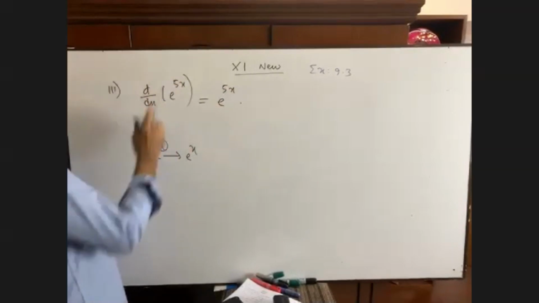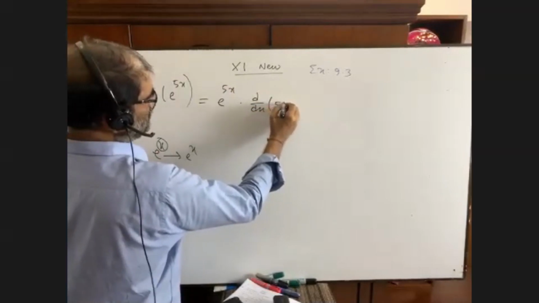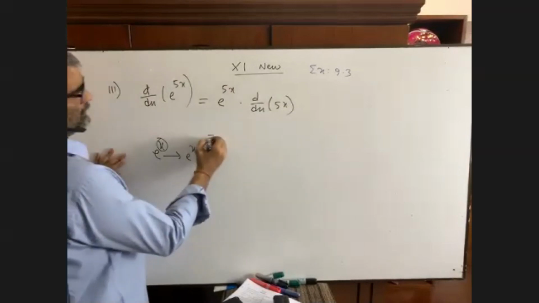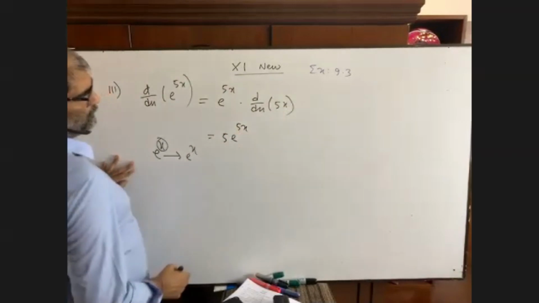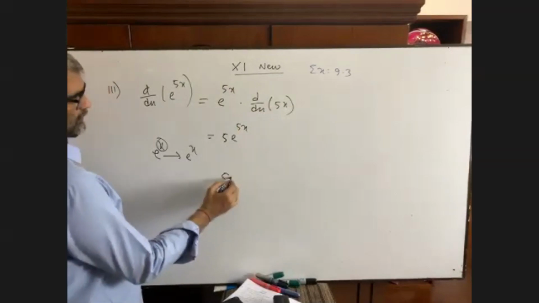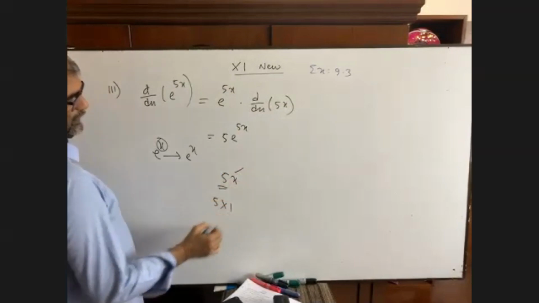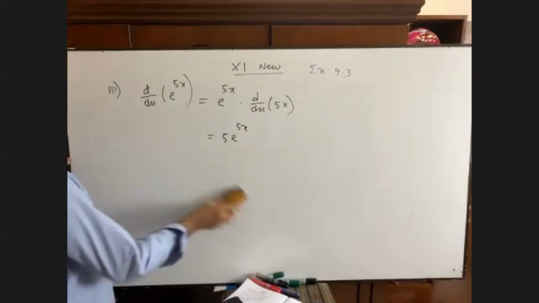It is not only x, so it will be differentiated again. D by dx of 5x. Now this 5 will be here. What is the differentiation of 5x? It is a coefficient, it will never be changed. X is 1, so 5. Is it okay?